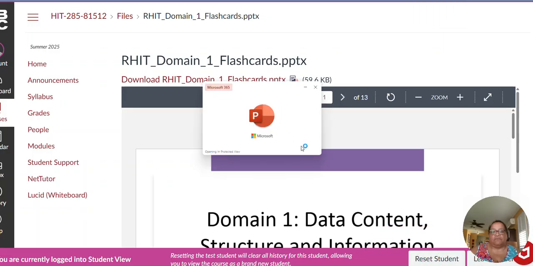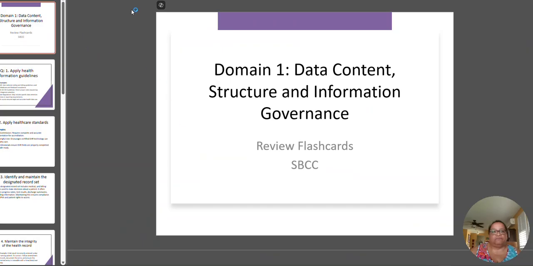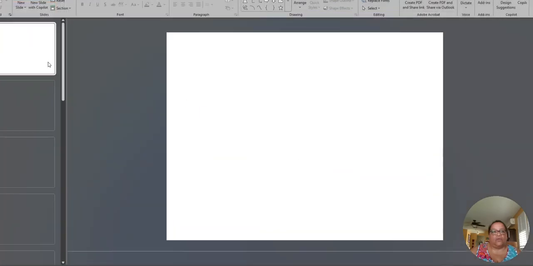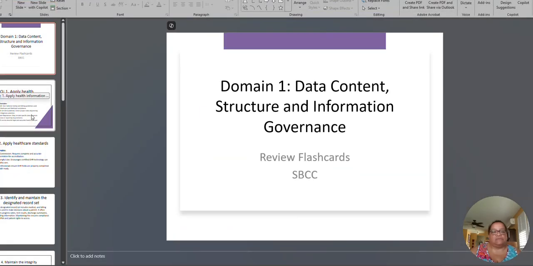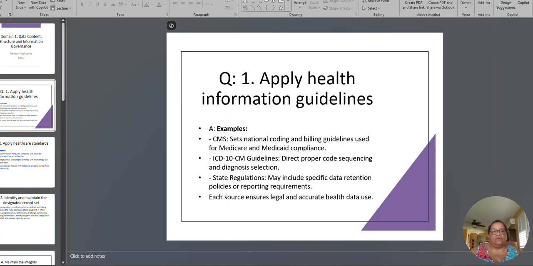If you print these out, you wouldn't print out slide 1 perhaps, but if you print out slide 2, you could decide how you're going to print it.